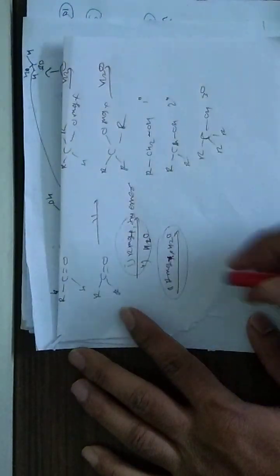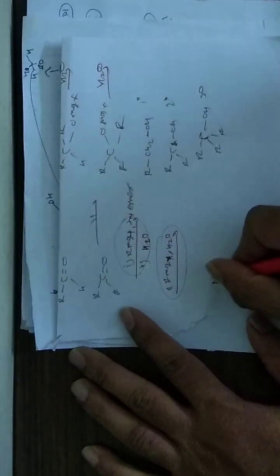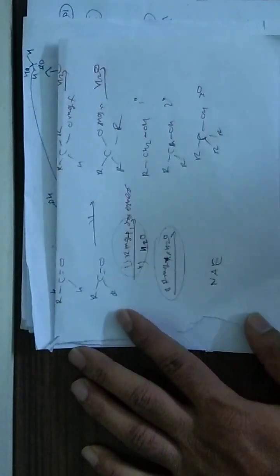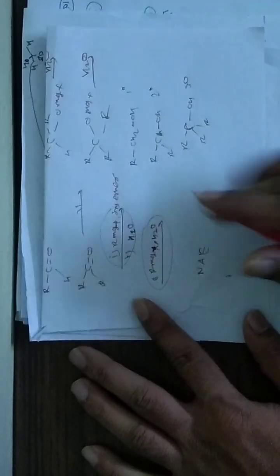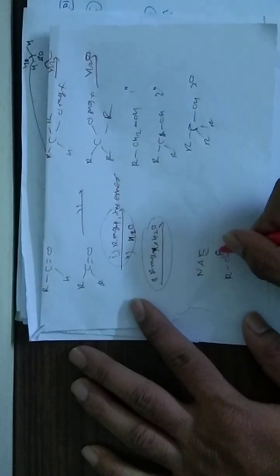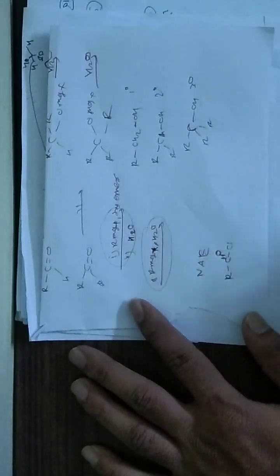Now we are going to learn the nucleophilic addition reaction followed by elimination. How is this? Let's suppose I have taken acyl chloride. This is the structure of acyl chloride.